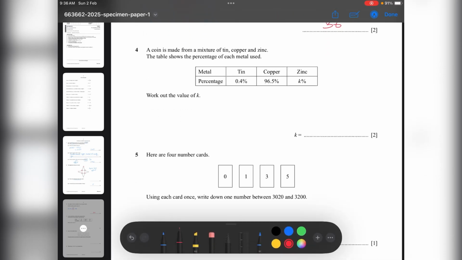The next one is that a coin is made of tin, copper and zinc. So this is a percentage. Always remember the percentage is always out of 100. Out of 100. So you have to subtract what? First you have to add this part because that is the total, and the remaining we will find by subtracting. Okay.